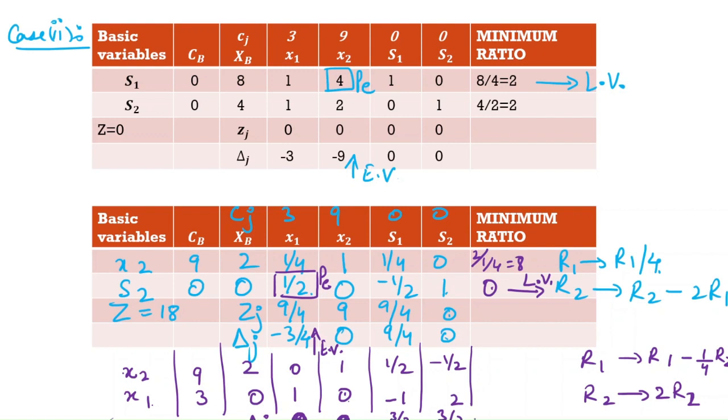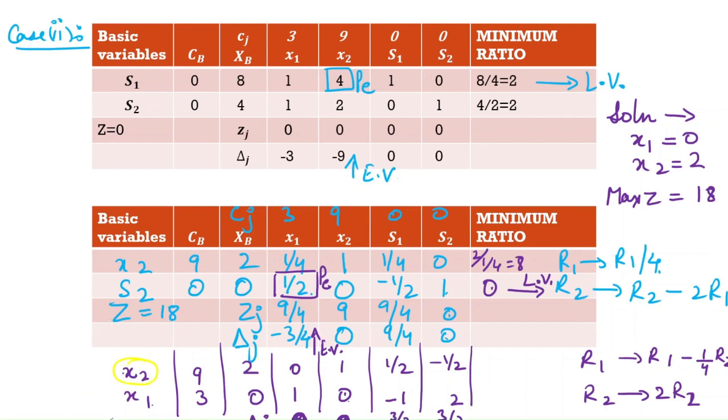So what is the solution that we are getting? The solution that we are achieving here is x1 as 0 and x2 as 2, and maximized z is again 18, right? So here you could identify the same.